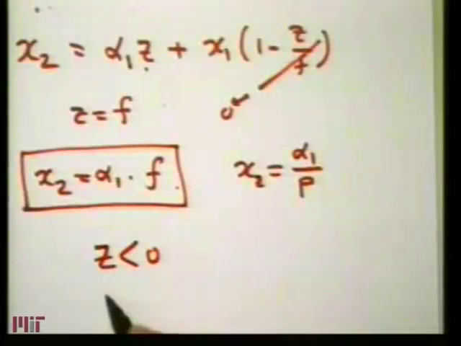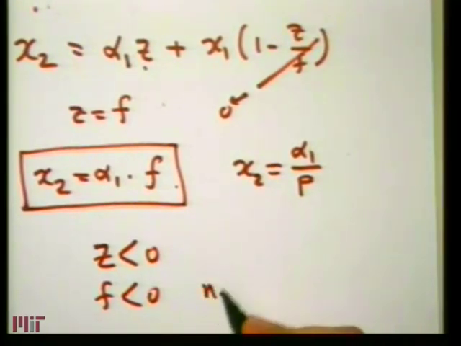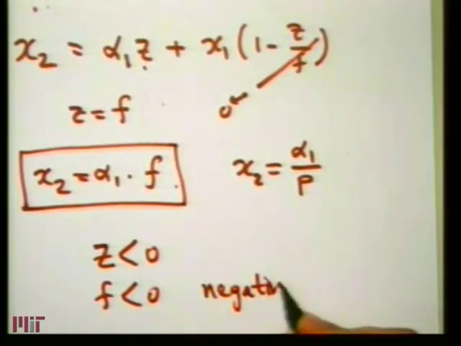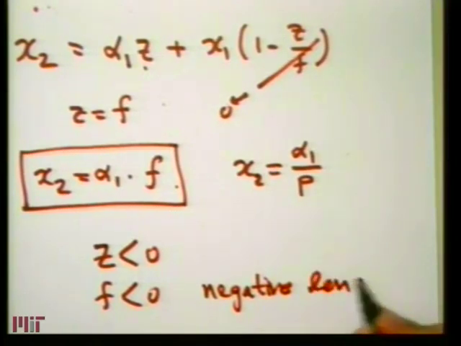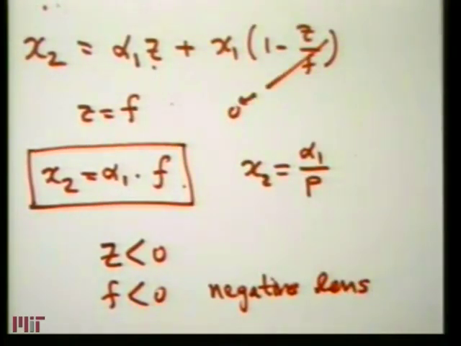So this is an example of focusing that happens not on the right-hand side of the lens, as our equations assumed, but on the left-hand side. We can justify this if you define Z to be negative and F to be negative. This is what we call a negative lens, or a lens with negative focal length, or a lens with negative power.